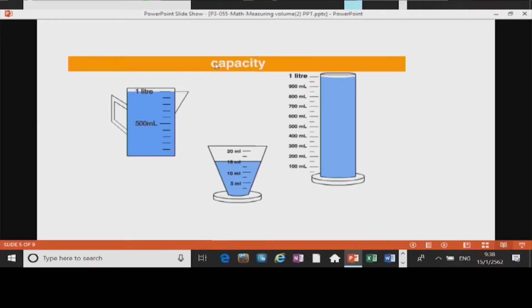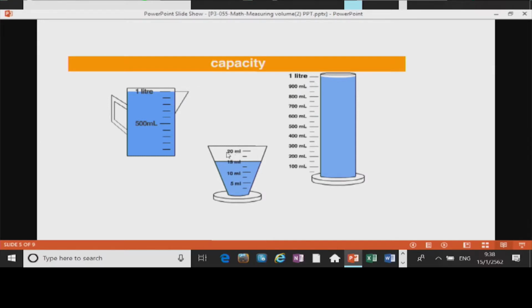And here again, we're looking at capacity. The capacity of the small container is 20 milliliters. But where is the volume? 15 milliliters. Excellent. You can see the water level is lower than capacity.